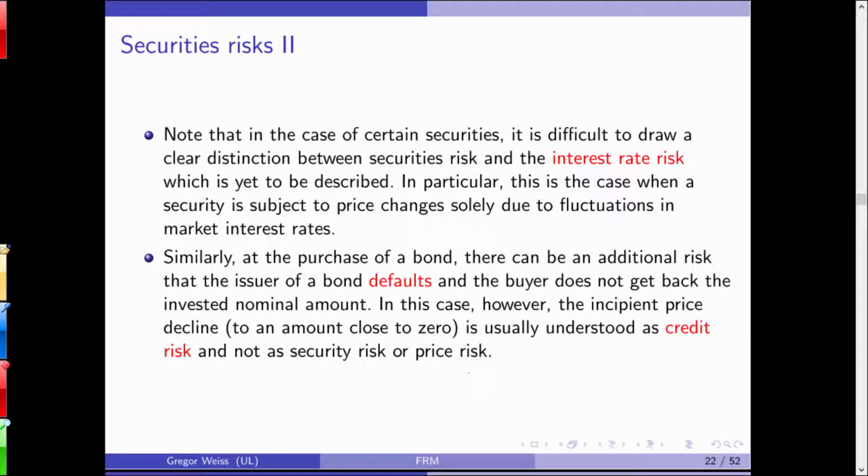Now, for some securities, it is quite difficult to draw a clear distinction between market price risk and interest rate risk. We will still talk about interest rate risk, but why is it difficult? Think of, for example, a coupon bond or a zero bond.